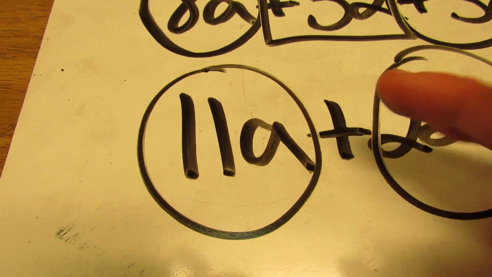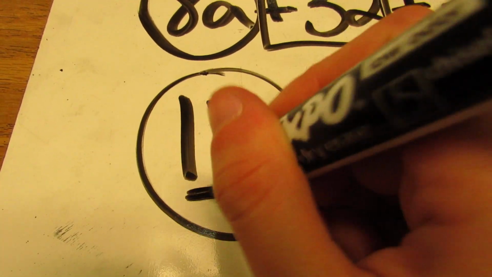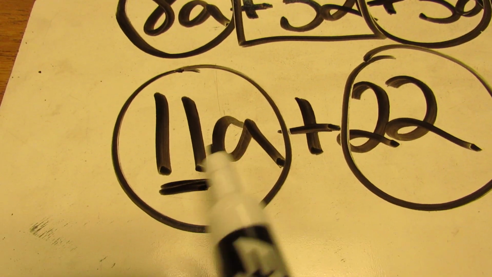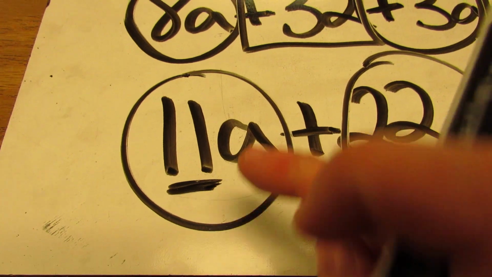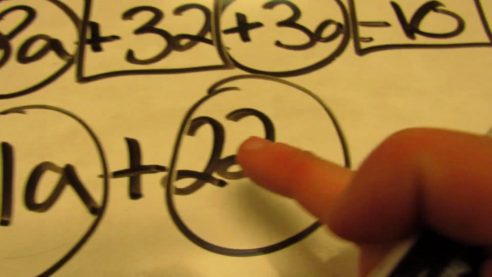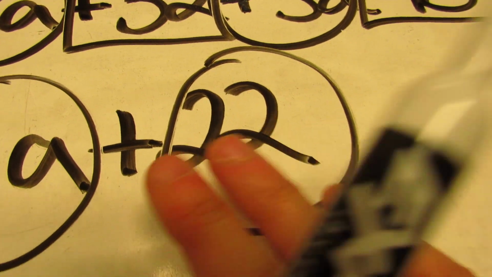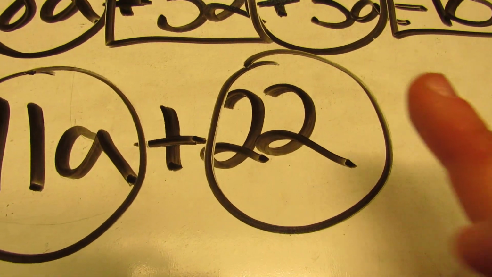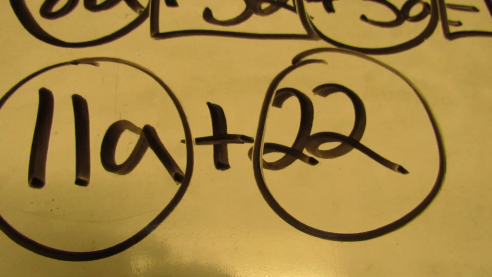So my coefficient here would be 11, not 11a, just 11, okay? That looks like a face. Let me erase that. And then my constant would be 22. It's by itself, not next to a variable, all right? And then lastly, just to make sure you guys are good, it says factor the expression using GCF and the distributive property.